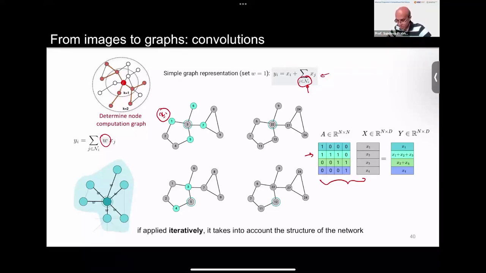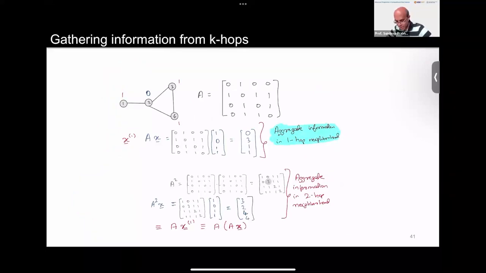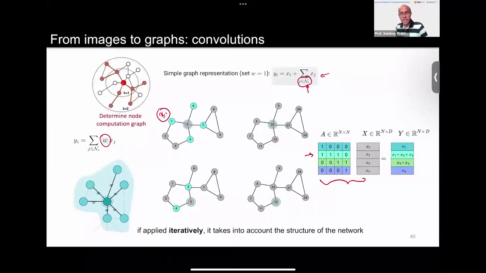Again, this is another illustration. Now, if I repeat this operation, I have AX, which gives one hop information. Now I do A squared X, so what you're doing is A times AX. Now, what did A times X do? It combined information from the neighborhood to arrive at new features.